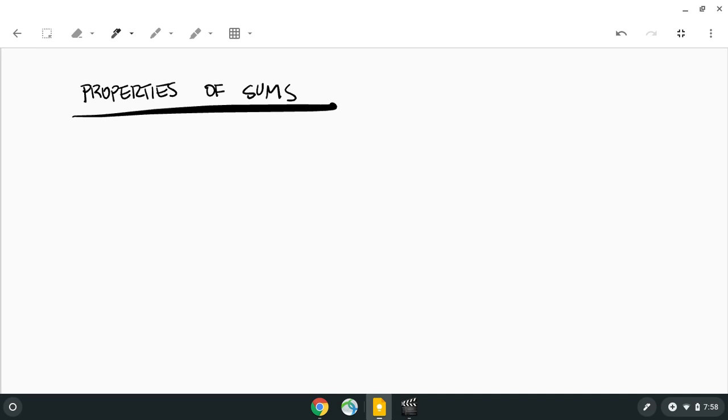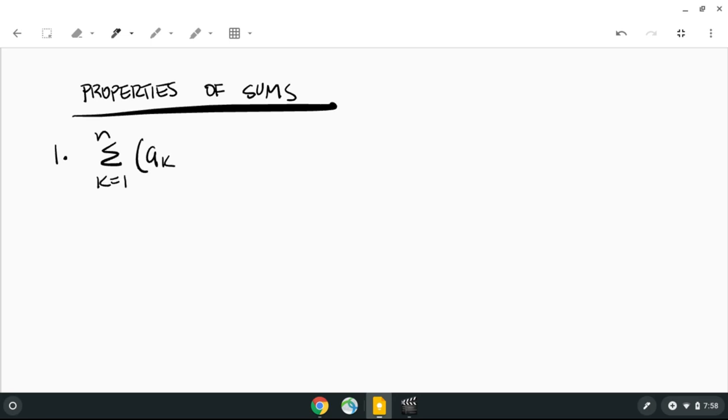So first one. If you are taking the sum, let's go k equals 1 to n, of one function plus another one, so you have one formula there and another formula there, two functions, then what you can do is separate them.